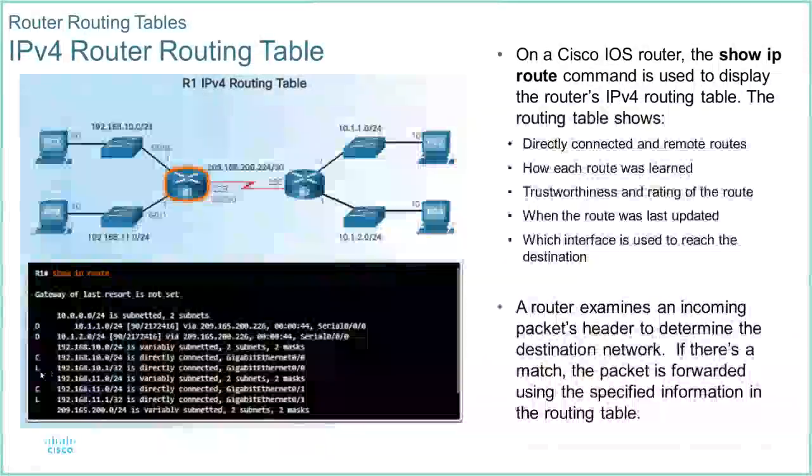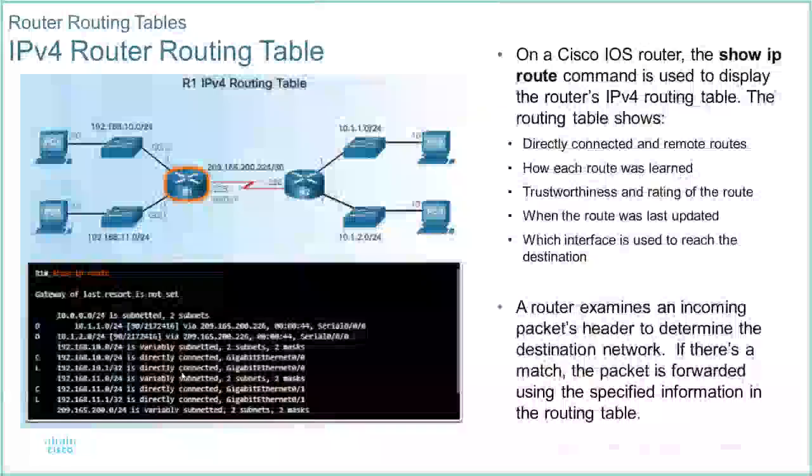The L is for our directly connected local link. So this one is the other end of the cable. A C is our directly connected network. So if you have a look there, we are connected to the 192.168.10.0 network via the gigabit 0/0 interface.